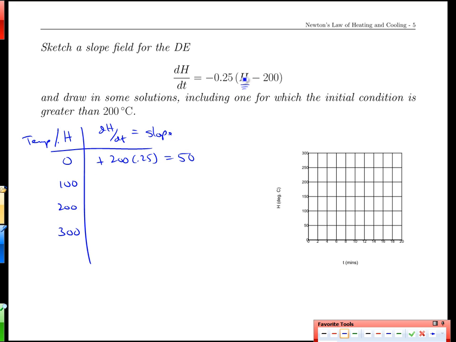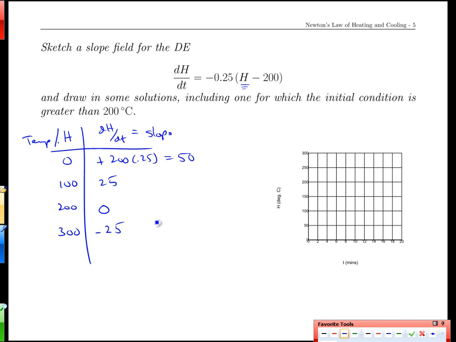If it's 100, we'd have 100 minus 200, that's negative 100, times 0.25 is 25. Interesting case here, if h is 200, 200 minus 200 is actually 0, and then we would have 0. And at 300, if you get your calculator out, negative 25.